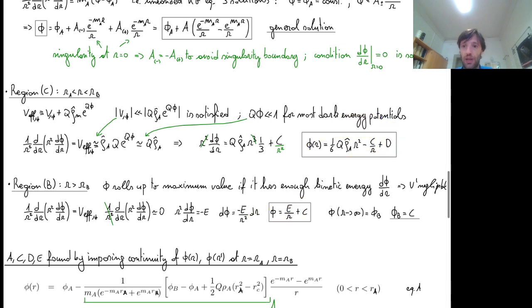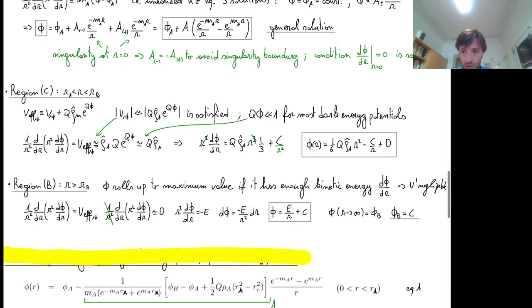Then you see that we have these constants A, C, D, E that have to be found by imposing the boundary conditions.